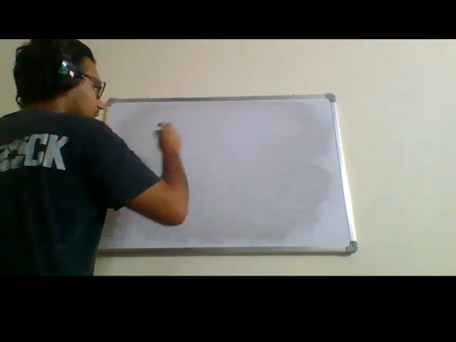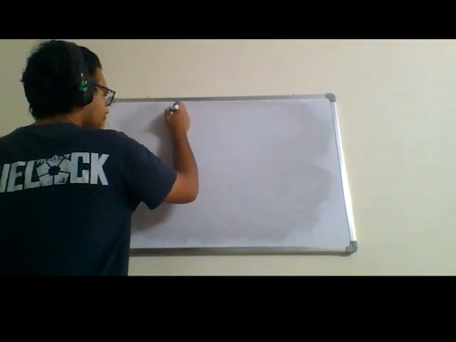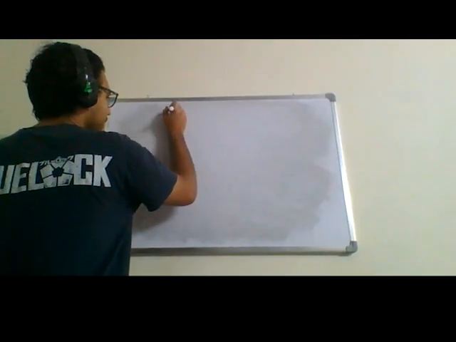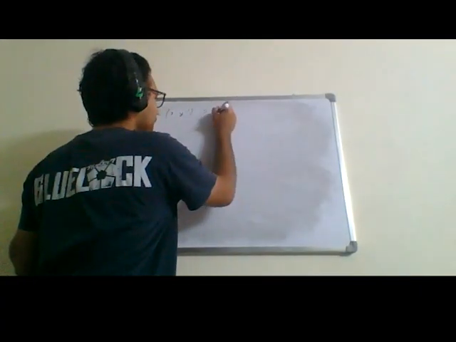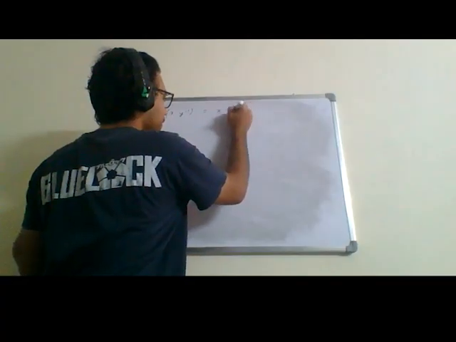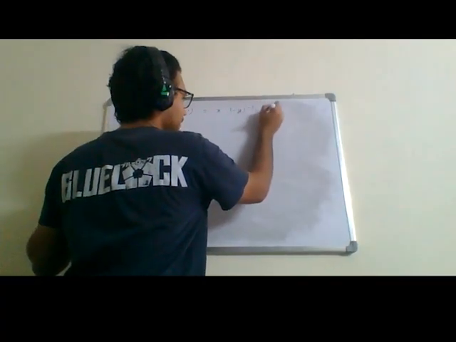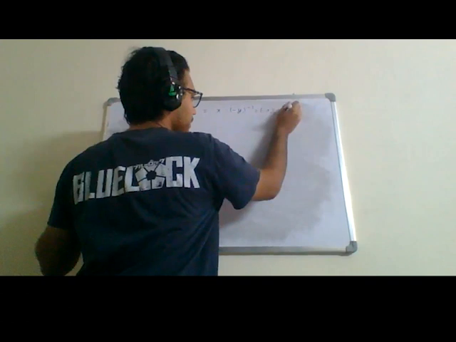Okay, so what do we have? Minus x dot y inverse is equal to x dot minus y inverse is equal to minus x dot y inverse.